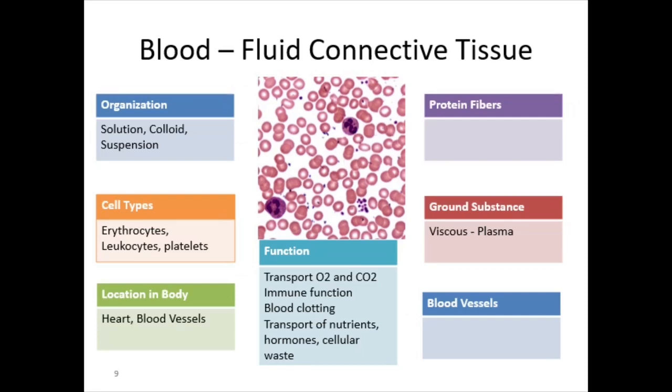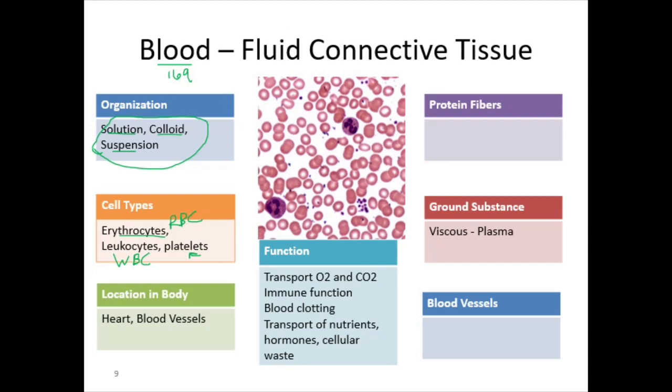I'm going to talk about blood here just because I'm adding it onto this lecture, a little mini lecture. So blood is a solution, a colloid, and a suspension. Remember that from, I think, chapter 2. Erythrocytes, red blood cells. Leukocytes, white blood cells. Platelets are parts of cells. You'll talk a lot about blood in 169 in the cardiovascular chapters.